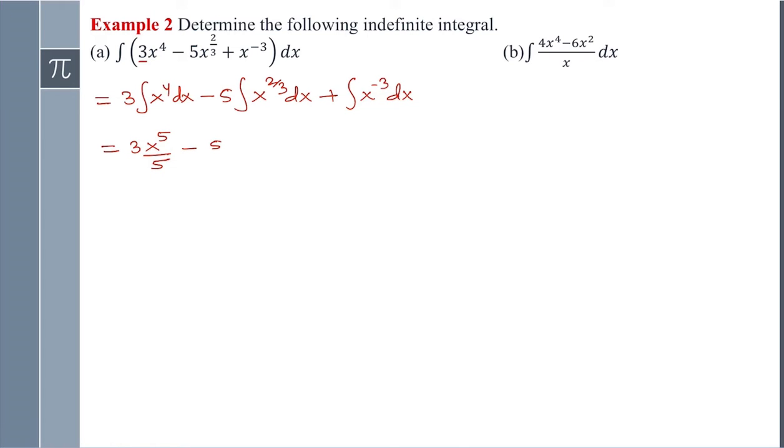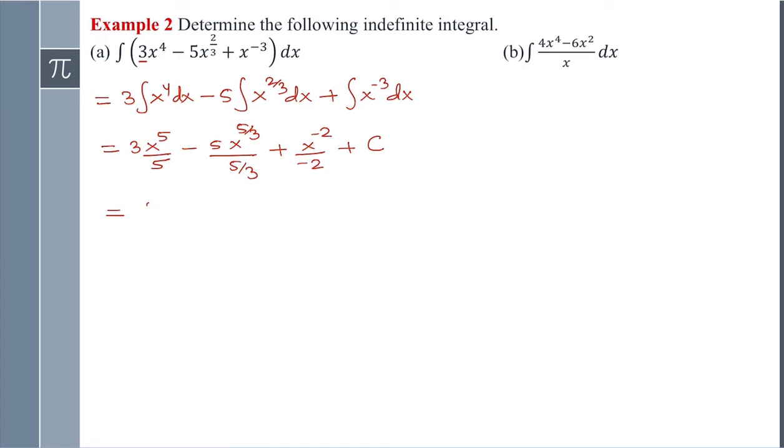Minus 5 times x to the 2/3 plus 1, which is 5/3, divided by 5/3. Plus x to the negative 3 plus 1, which is x to the negative 2, divided by negative 2. Plus, don't forget that c, we have a constant. Now let's clean this up.